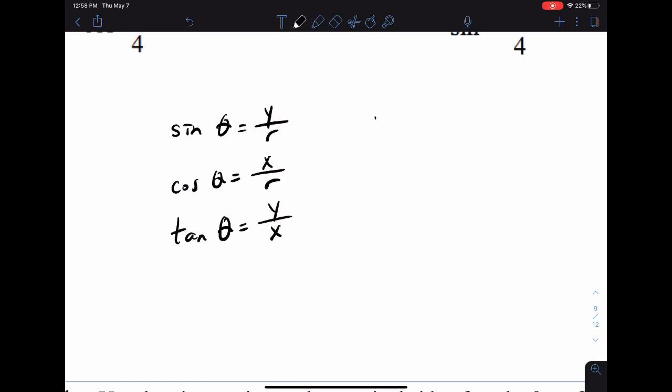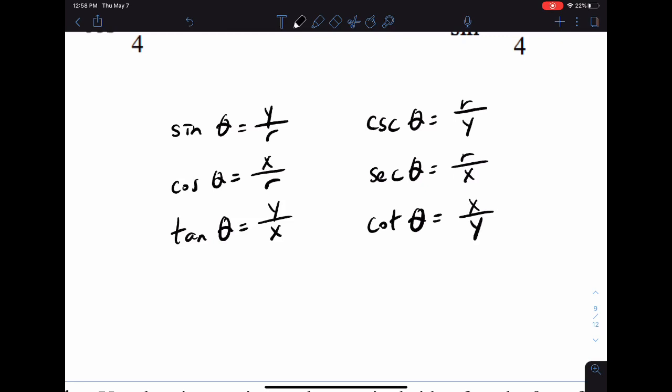Cosecant is the reciprocal of sine, so that's r over y. Secant is the reciprocal of cosine, which is r over x. And cotangent is the reciprocal of tangent, so that makes it x over y. Okay?